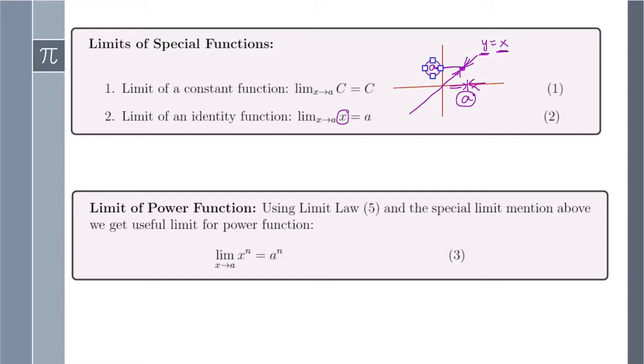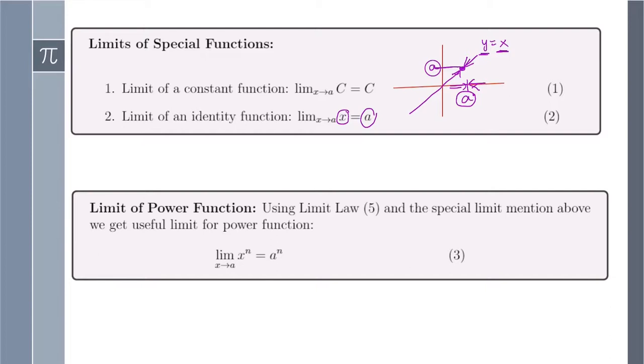So that's why the limit of an identity function, or the limit of x as x approaches a, is just a. Now these two special limits are so special that we can use them and the limit laws to extend this to evaluate the limit of any function.